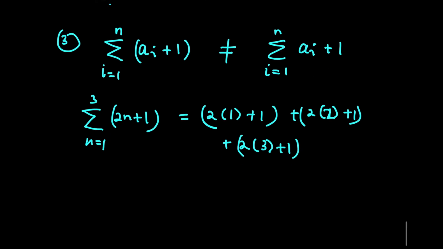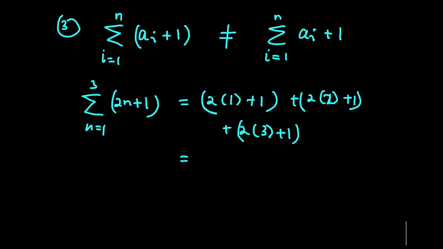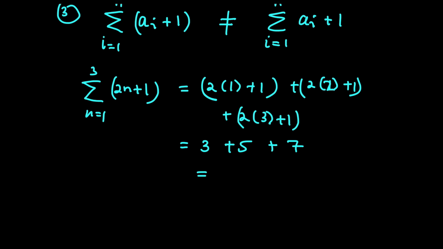Okay, I'm supposed to use square brackets here, but anyway, 2 times 1 plus 1, that is 3. 2 times 2 plus 1, that is 5. 2 times 3 plus 1, that is 7. So the final answer here is 15, right?